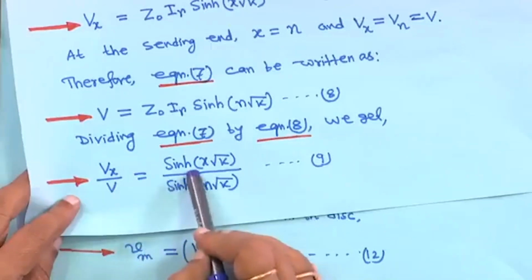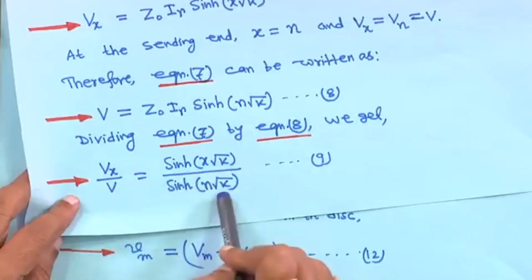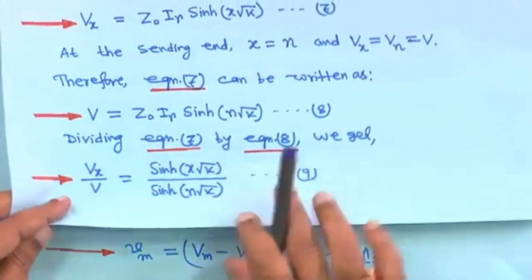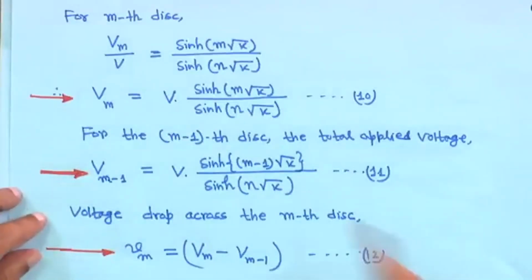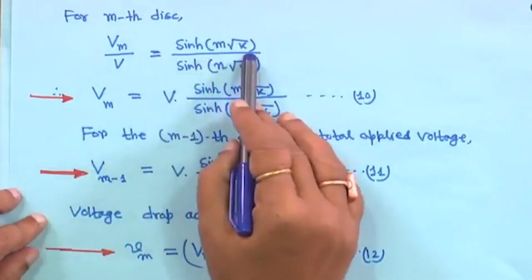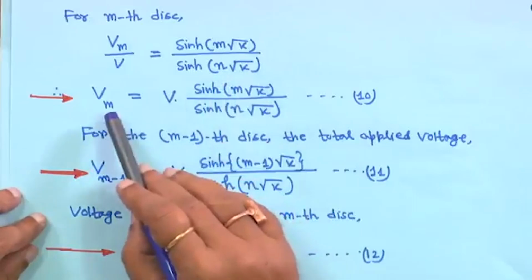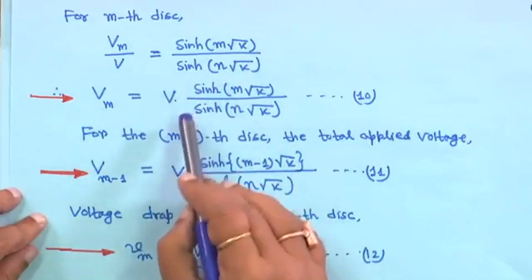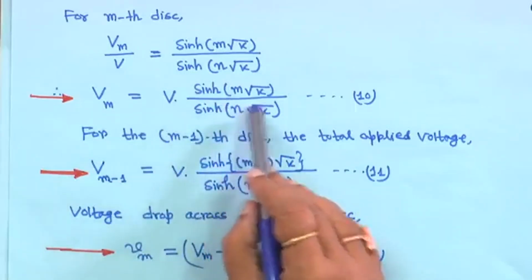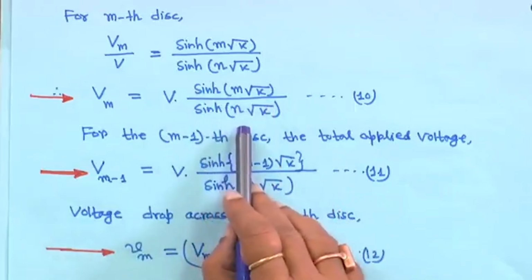Or, by cross multiplication, Vm is equal to V into sinh m root k by sinh n root k.